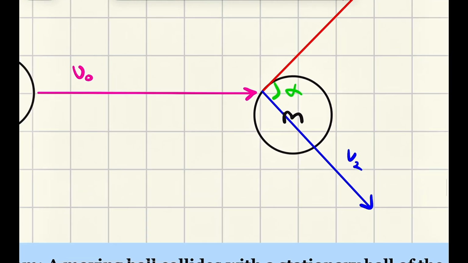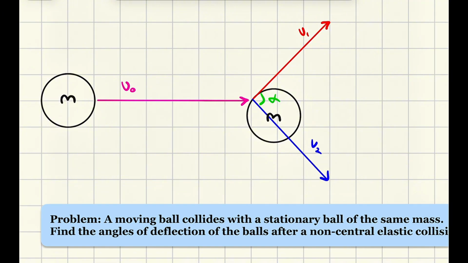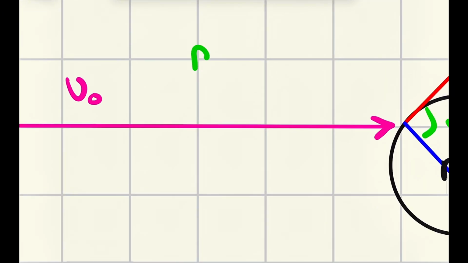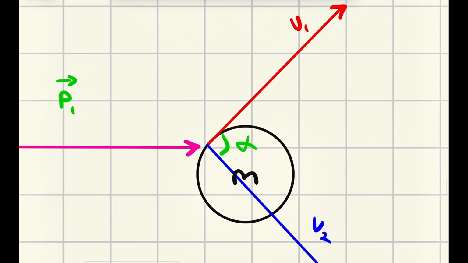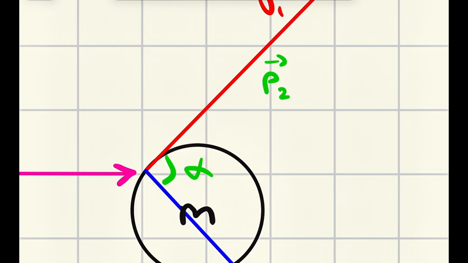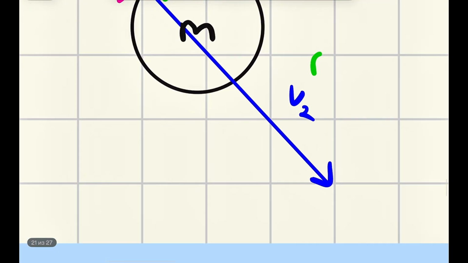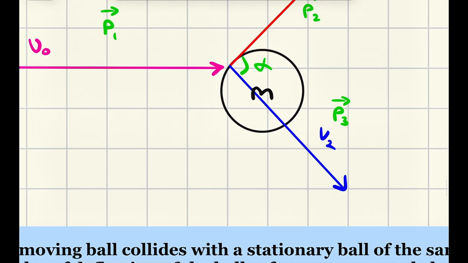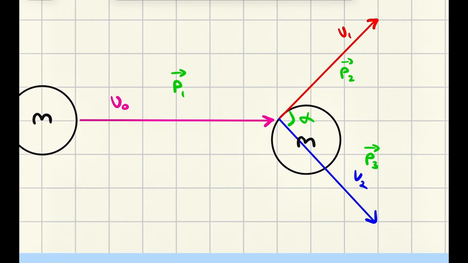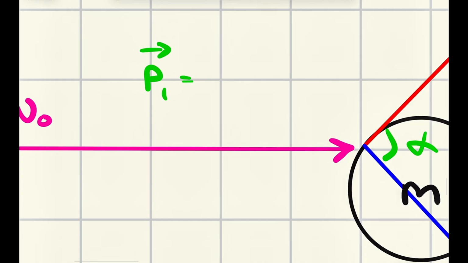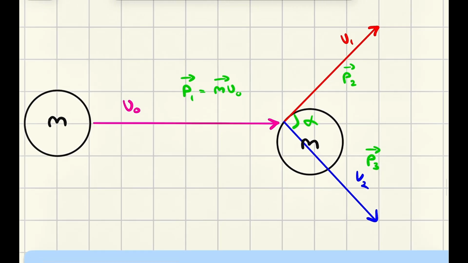So in this situation we have three vectors, but the most important catch about these vectors is that these are momentums. This is momentum 1, this is momentum 2, this is momentum 3. Why is it important? These vectors do not depend only on the velocities, but on the masses as well. So this is not just a velocity vector, but m v0, and this whole thing is our vector.